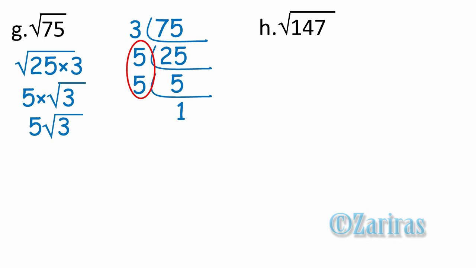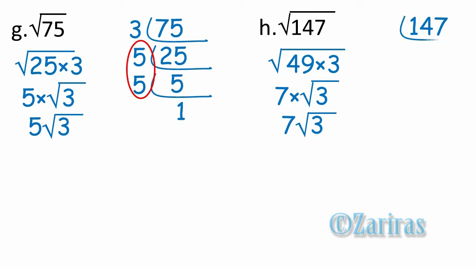Next we have 147. So 147 is 49 into 3. It's a bigger number, so if we want we could go on with the LCM method. Now we know 49 into 3, square root of 49 is 7. 7 into root 3, 7 root 3. So if we see the LCM, 147, divide by 3 we get 49.